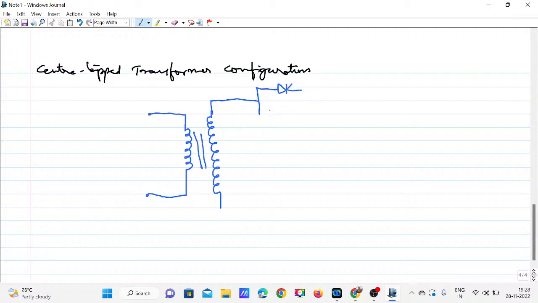This is positive group, and from here it is load.